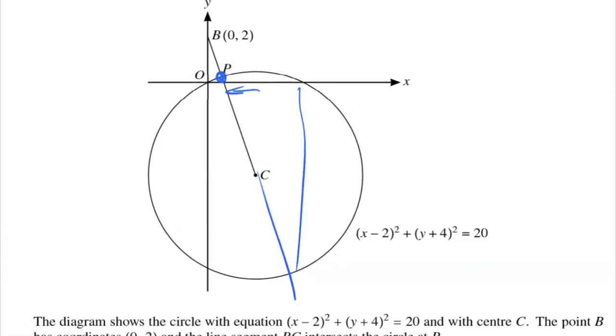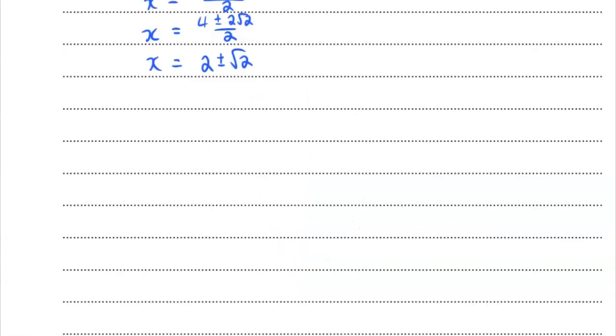Larger x value. So we use that knowledge of our brains thinking about what's happening, and we identify the point P. X is equal to, well, what's the smaller value? It has to be the minus, 2 minus root 2, and that is our x value.